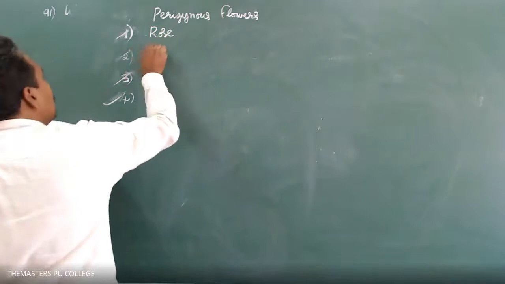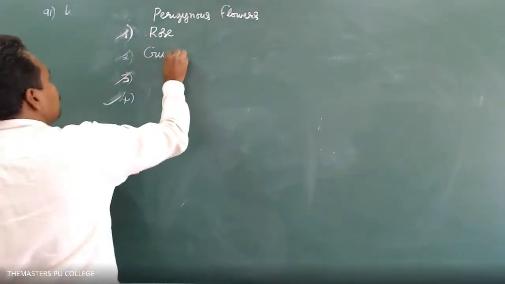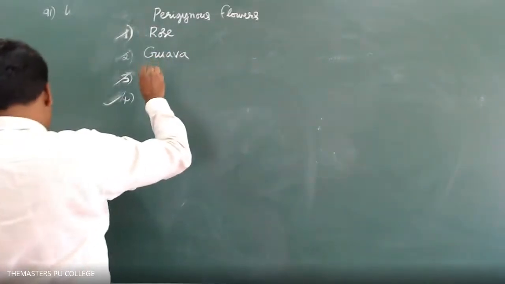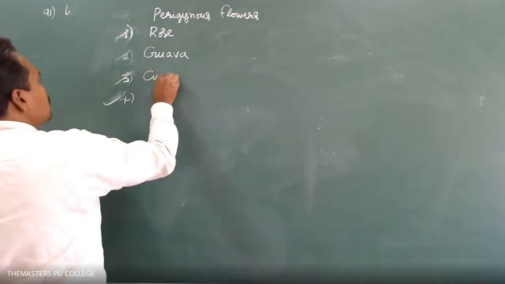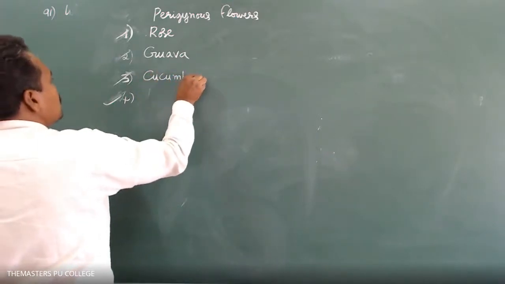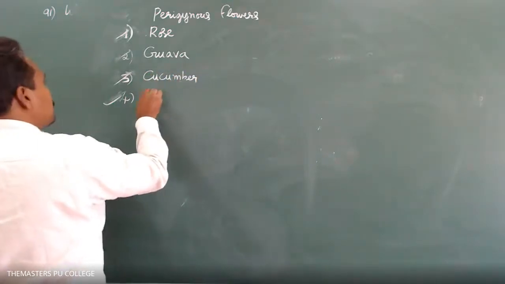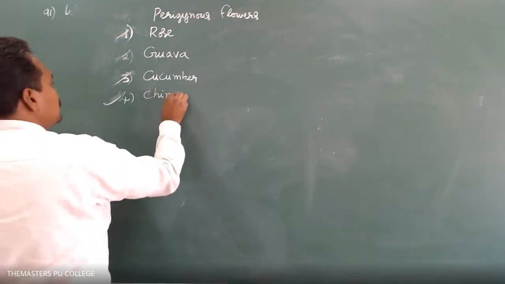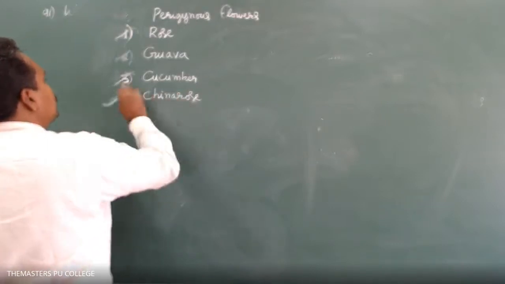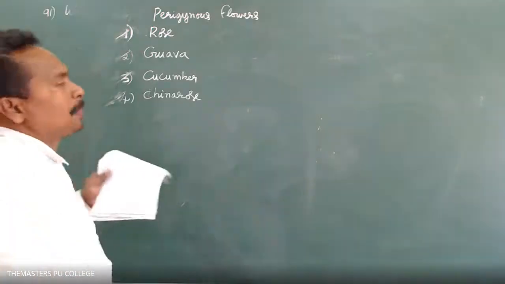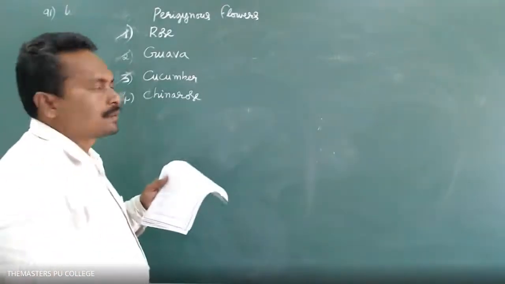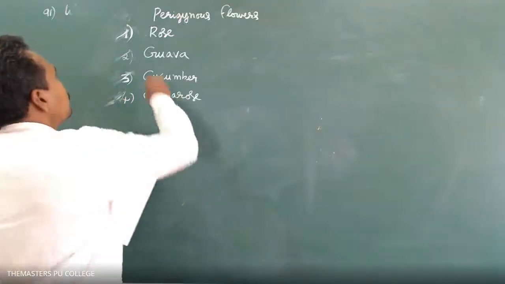Option 1, rose. Very good. Option 2 is guava. Option 3, cucumber. Option 4 is China rose. What is the answer? Perigynous flowers. Option 1, rose. Option 1 is the correct answer.